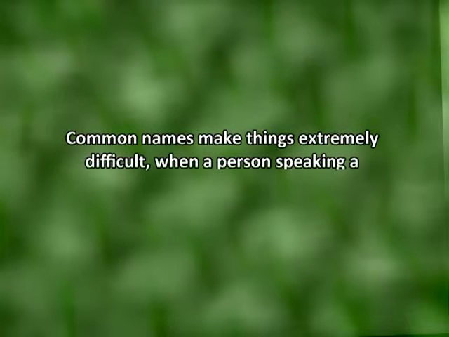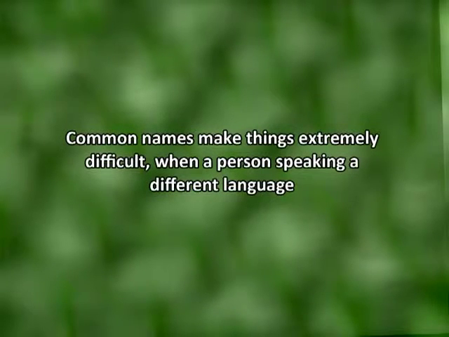Thus, a particular plant may have several names in a particular country. This makes things extremely difficult when a person speaks a different language. Hence, common names have proved to be misleading and inadequate for wider use throughout the country or the whole world.